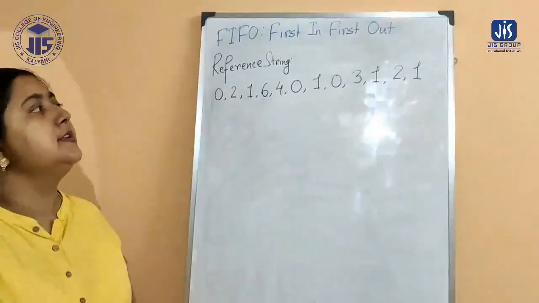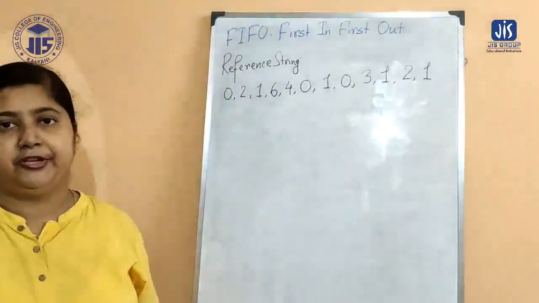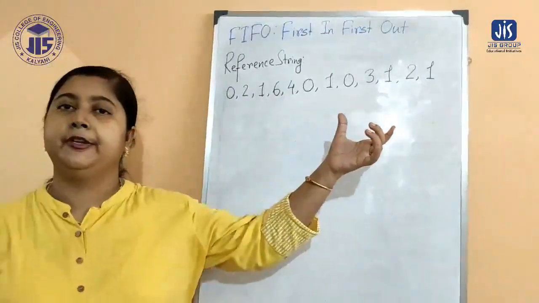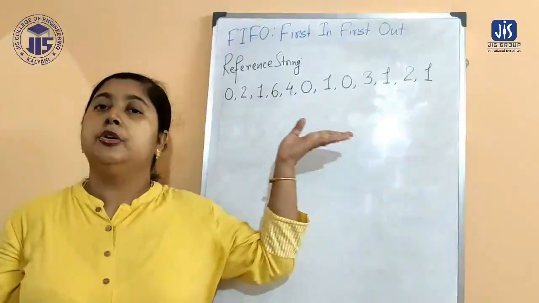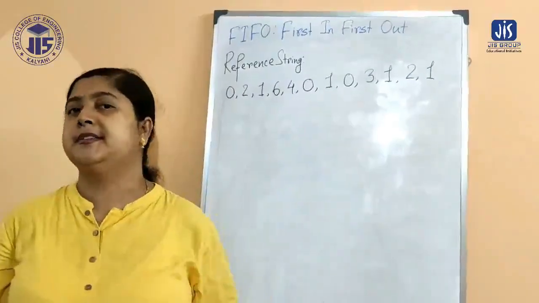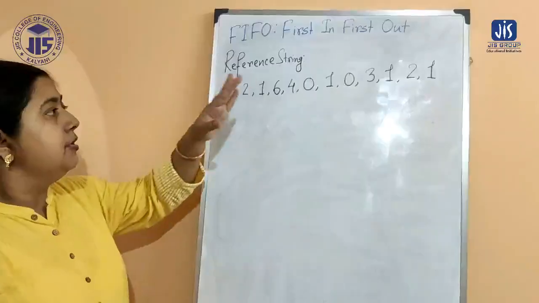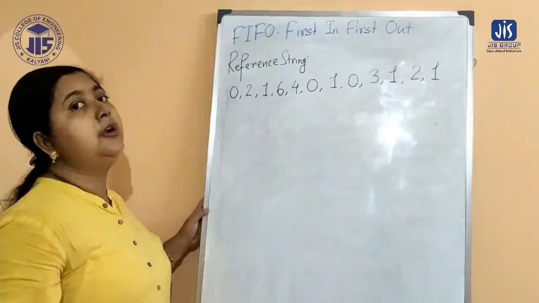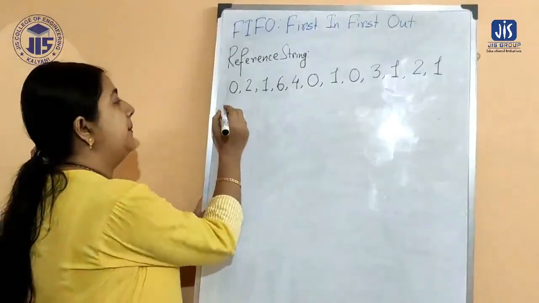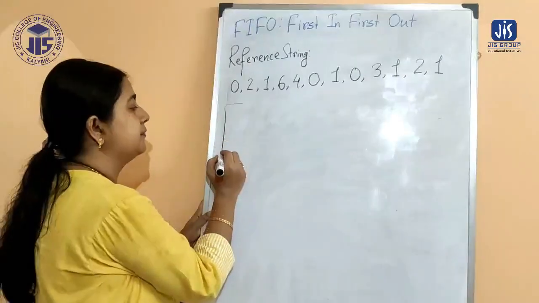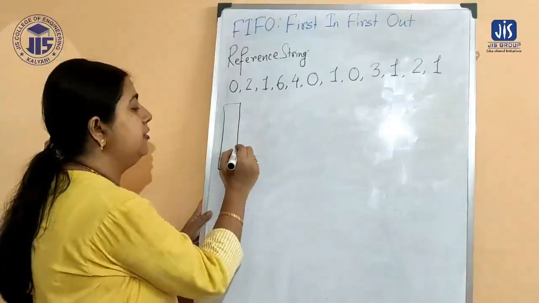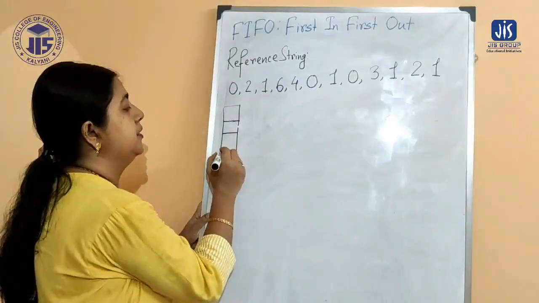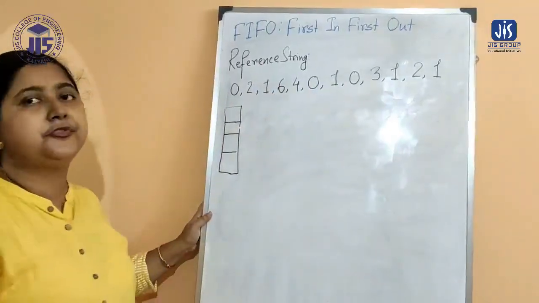For discussing that, we have taken a reference string. These are the memory references which are going to be referenced by the system. Let us imagine that for this particular process we have 4 frames available for all this reference string.